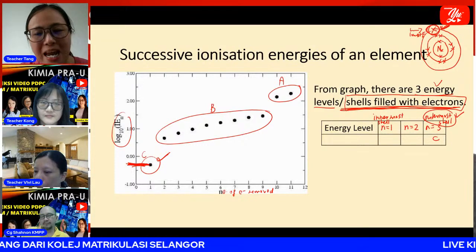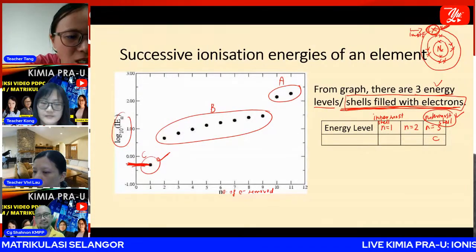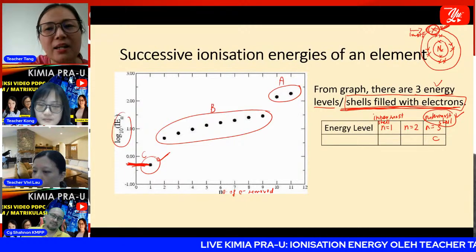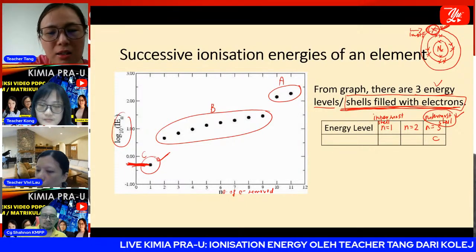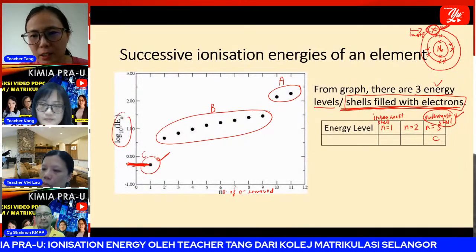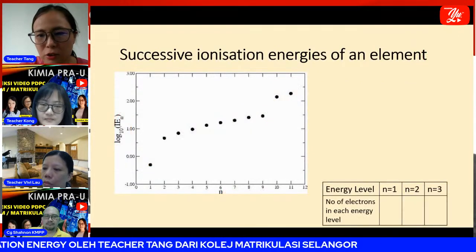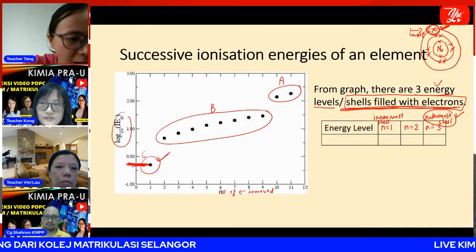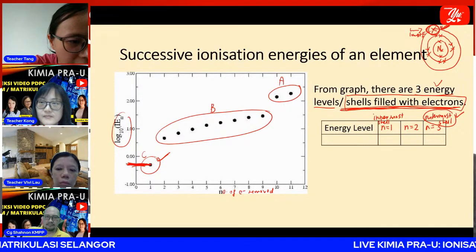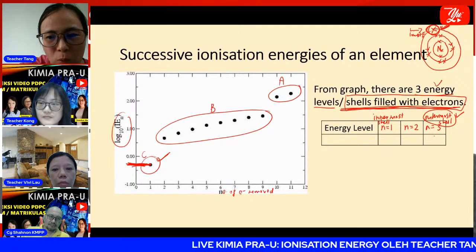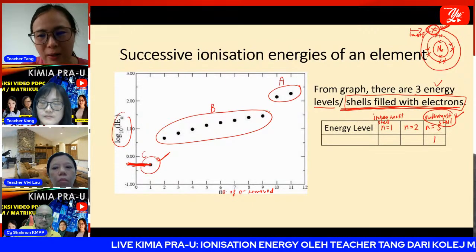Compared to A and B, the lowest energy level means those are the electrons in the outermost shell. In the outermost shell, there is only 1 dot here, which means there is only 1 electron in the outermost shell.